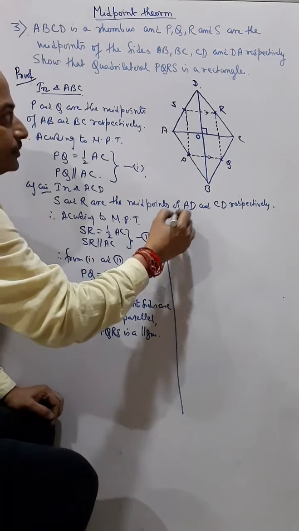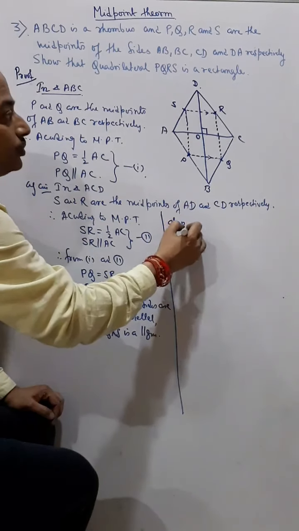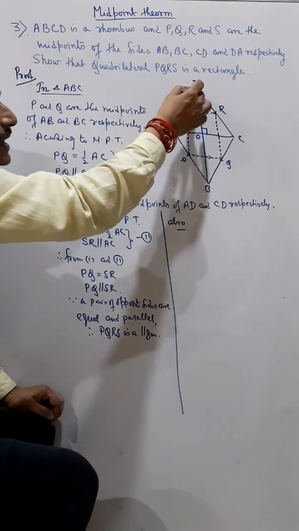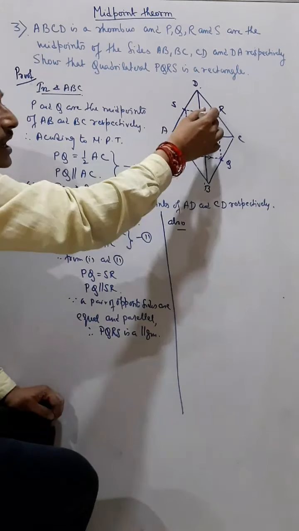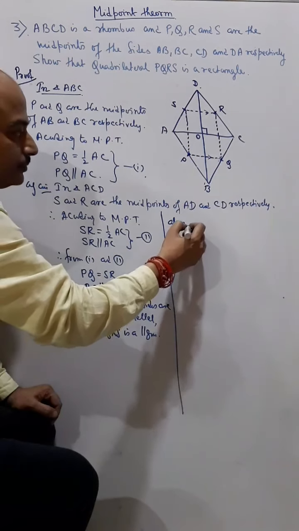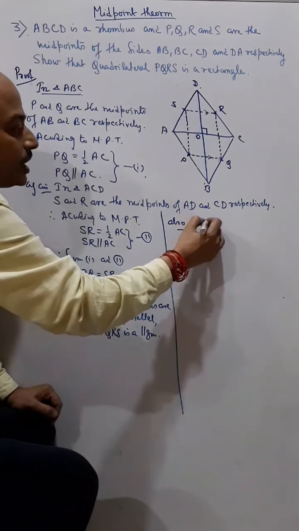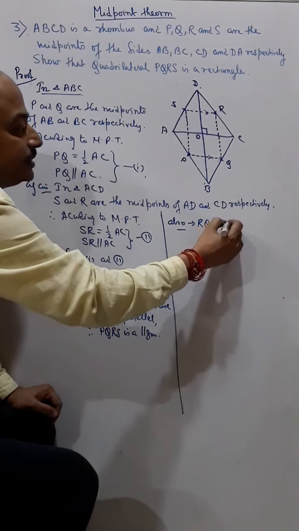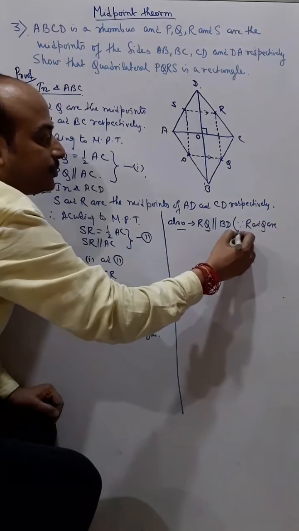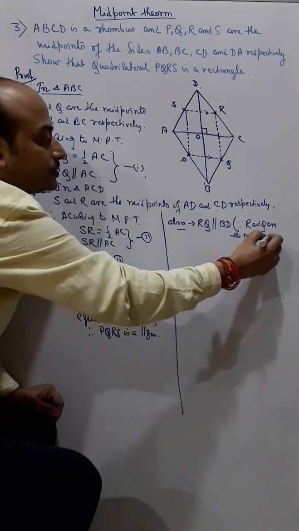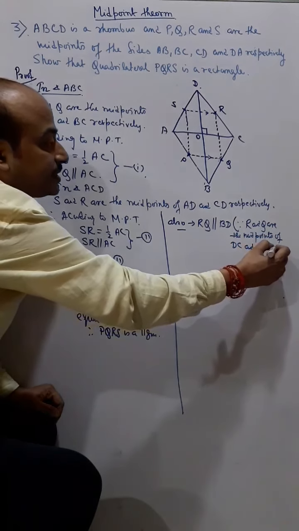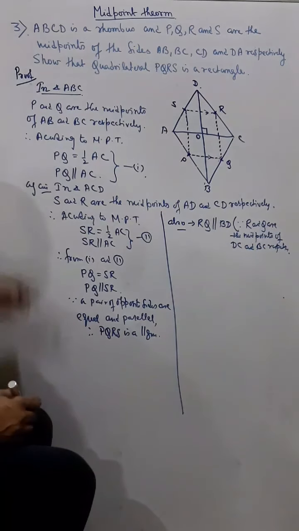Now we can also say that RQ is parallel to BD, because R and Q are also midpoints. So RQ is parallel to BD, since R and Q are the midpoints of DC and BC respectively. Okay.